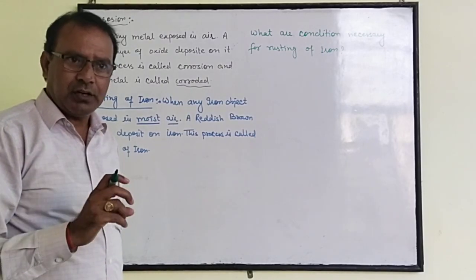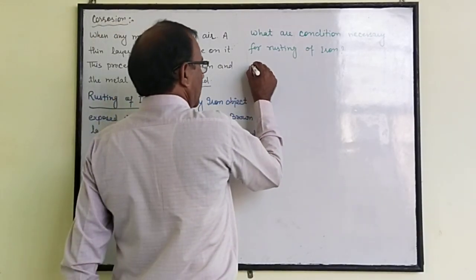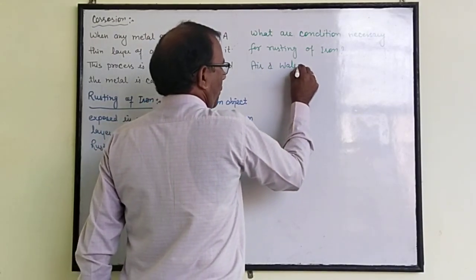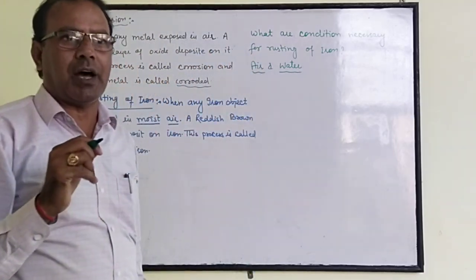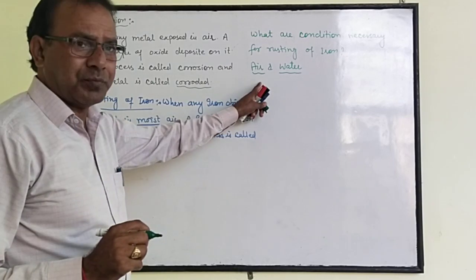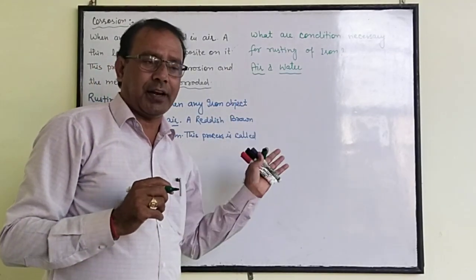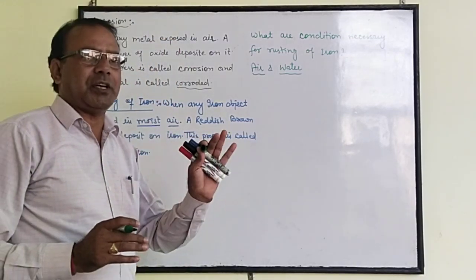The first one is moisture and the second one is air. We can say air and water. Both are required. If both conditions are provided, the iron becomes rusted. If only one of them is provided, air but not water, or water but not air, no rusting can take place.